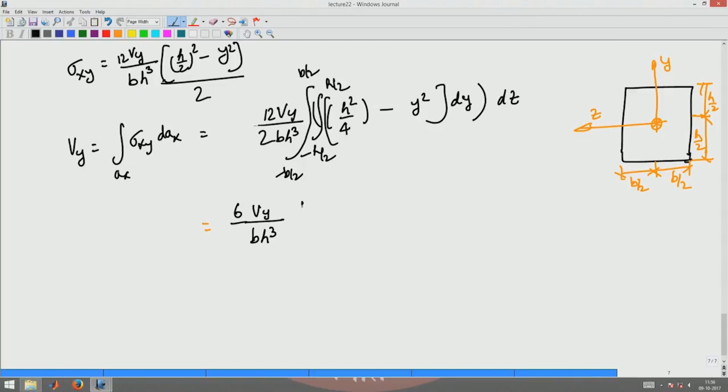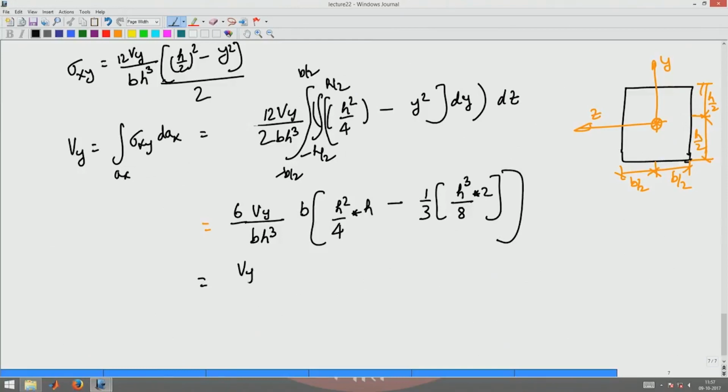Okay. So, this will be 6 Vy by Bh cube. If I integrate dz, I will get b into h square by 4 into h minus y cube by 3. So, it is 1 by 3 into h cube by 8 into 2. Okay. So, what is this?